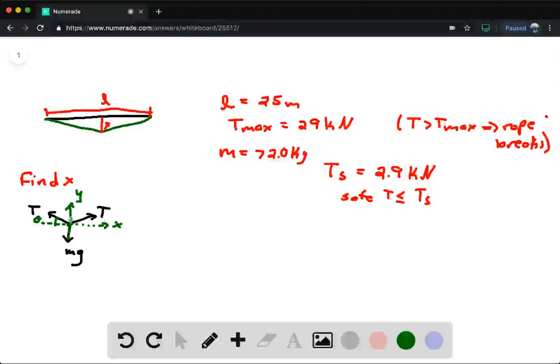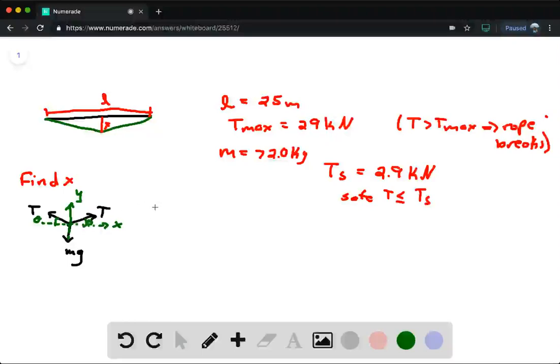We know that the tension is going to be balancing each other out in the x direction, but we want to find the component of the tension in the vertical direction from the rope. So just label that theta.